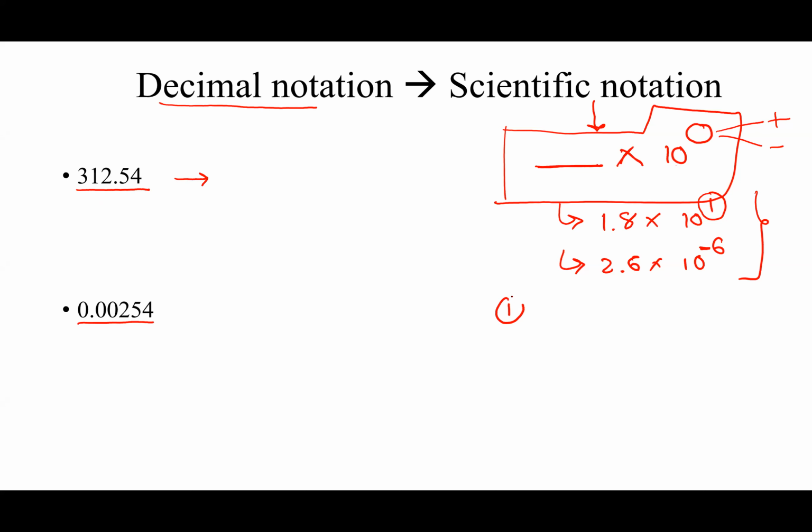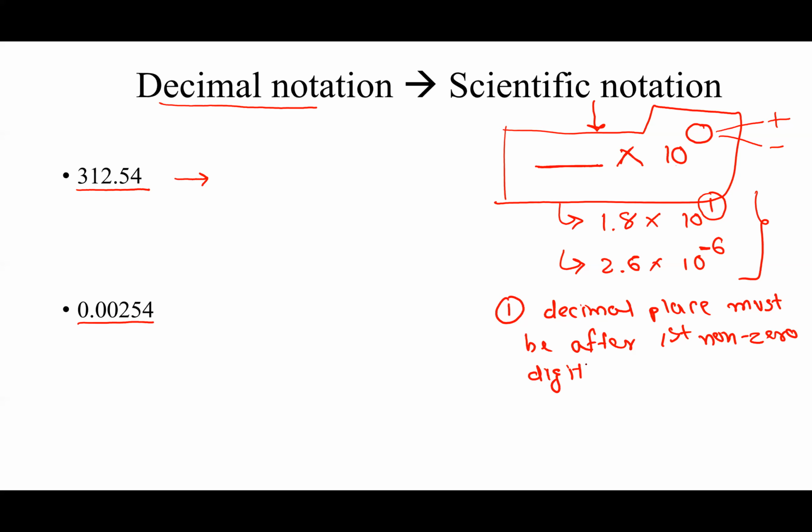First of all, the first rule to write a scientific notation is that the decimal place must be after the first non-zero digit.